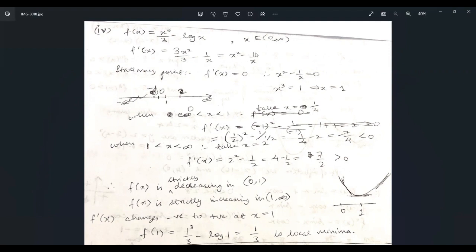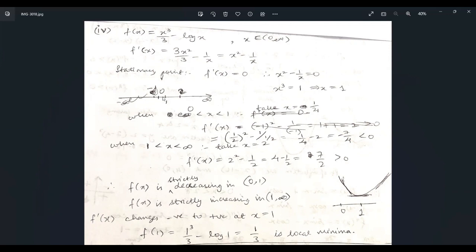So we get x squared minus 1 by x. Now to find the stationary point, I equate f dash x to 0. So I have x squared minus 1 by x equal to 0. Or in other words, while rearranging, I get x cube equal to 1. So this gives the solution as x equal to 1.